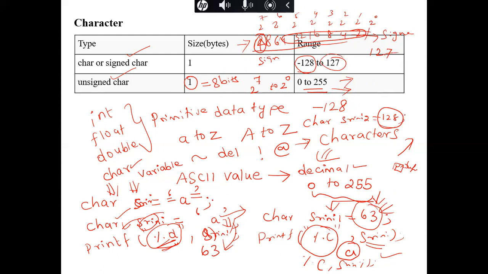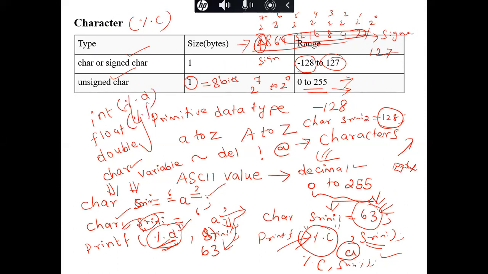Very important. If you give a character and want to print the equivalent ASCII value, which means the decimal value, you can use %d. Or if you want to print the character itself, you can use %c. So the access specifier or format specifier for the character is %c. For integer, %d.